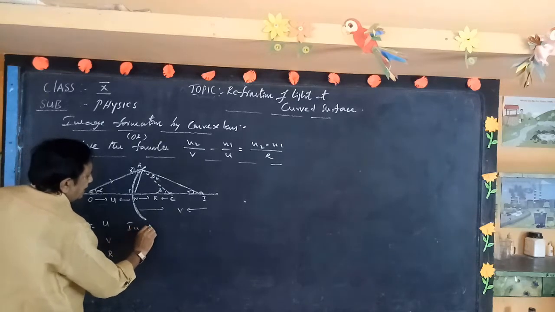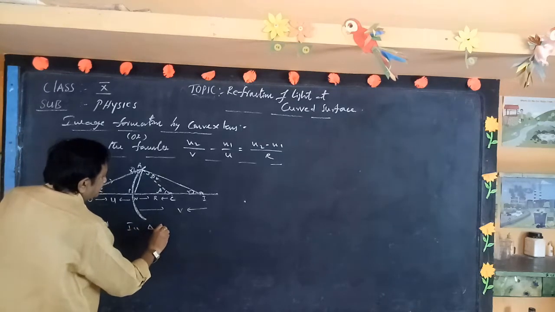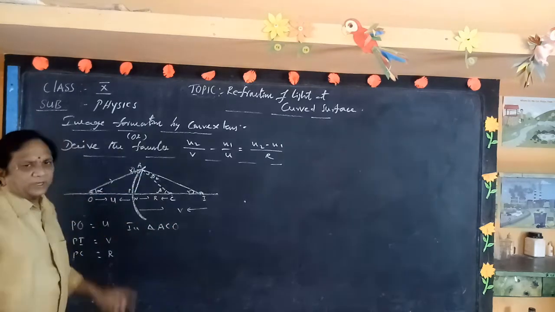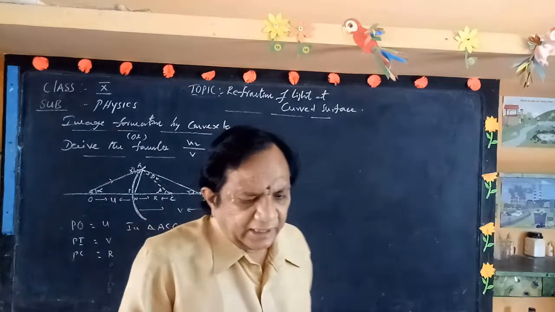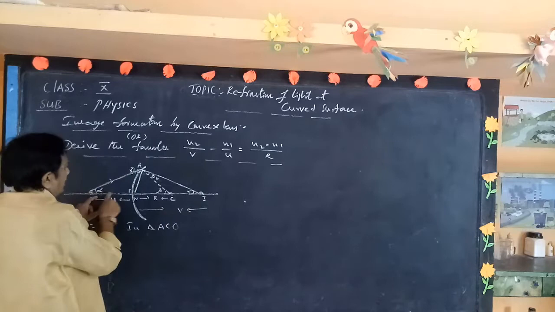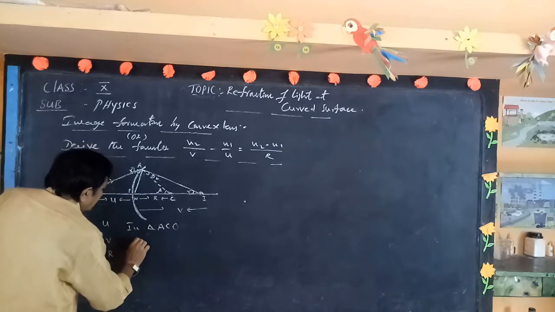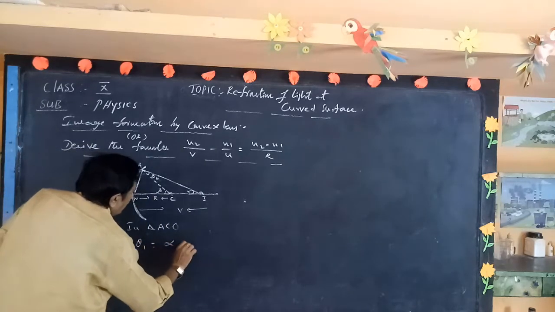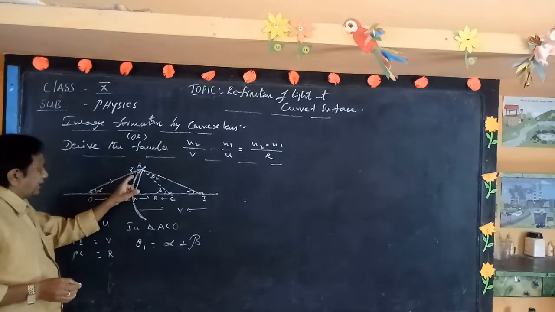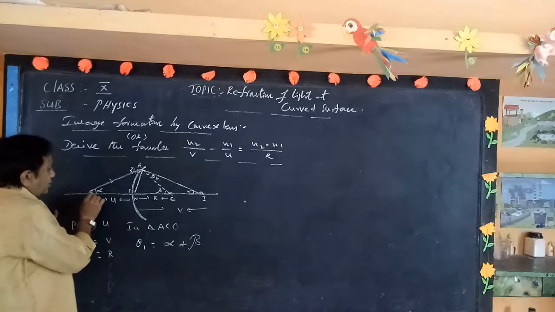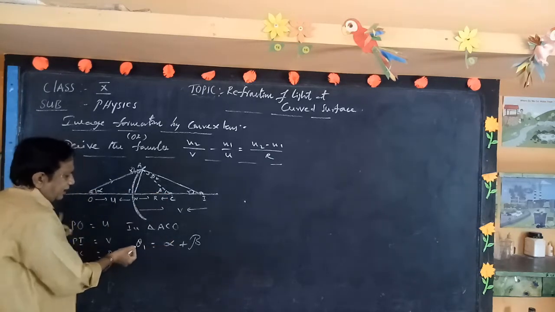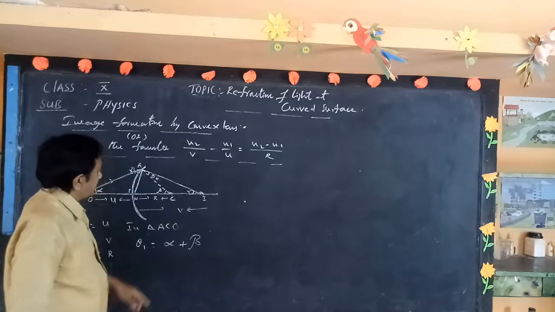So in triangle AOC, angle theta 1 is equal to the sum of these two angles. Theta 1 is the external angle here at O, with alpha and beta as the opposite angles. So the sum of these two angles is equal to the third one. So theta 1 is equal to alpha plus beta.